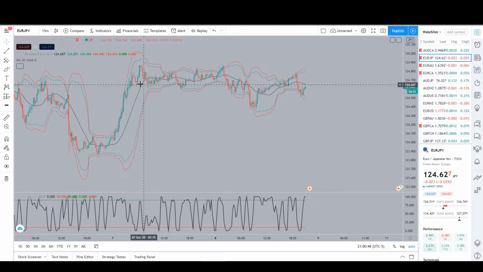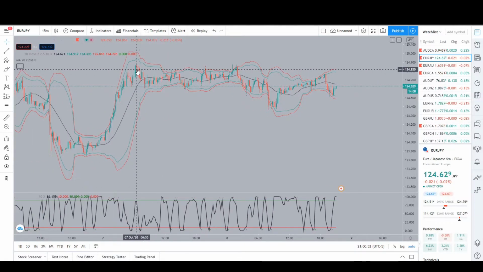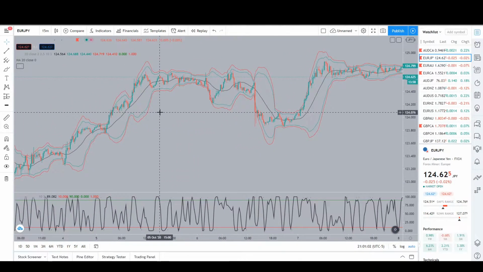As you can see right here, I'm not wrong. At around 6:15 to 7 there is a little bit of a shoot up in the market as well as a drop shortly afterwards. And then we'll test yesterday too.